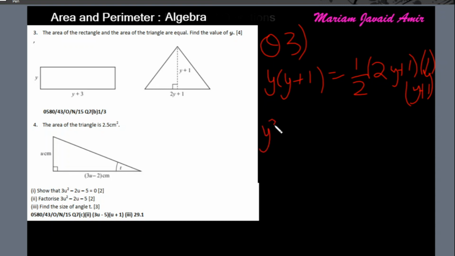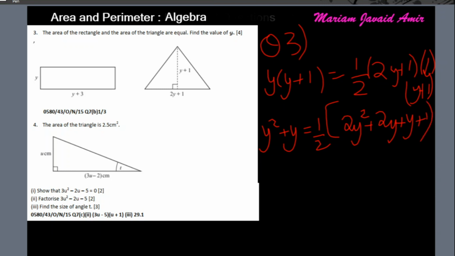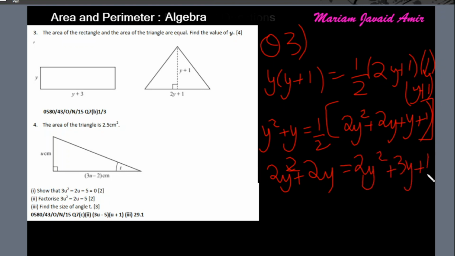This becomes y square plus y equals half times 2y square plus 2y plus y plus 1, and taking 2 to the other side, 2y square plus 2y, this is square, equals 2y square plus 3y plus 1. 2y square and 2y square get eliminated.